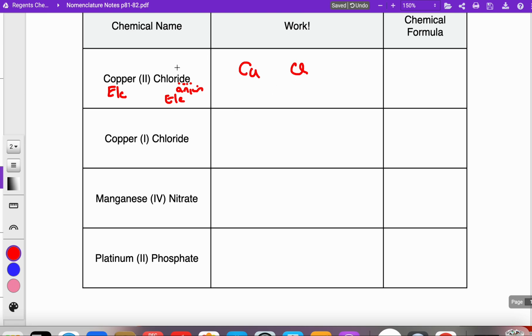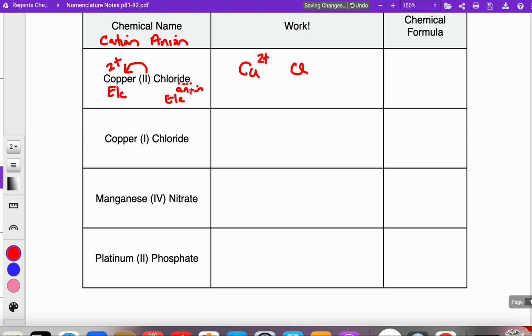Now we need oxidation information. This Roman numeral 2 belongs to the cation. Remember, the order is always cation shown first in the name and in the formula, followed by the anion. Since it's a Roman numeral 2, that indicates to us that copper is using a +2 charge.